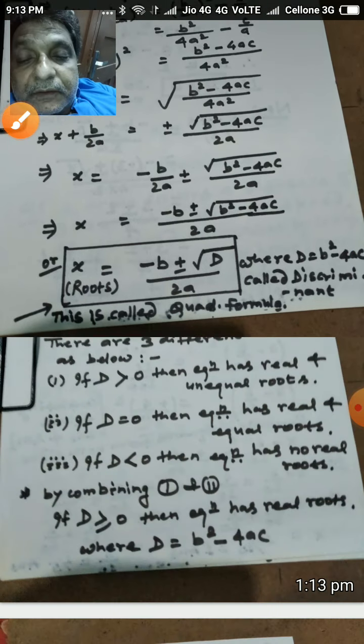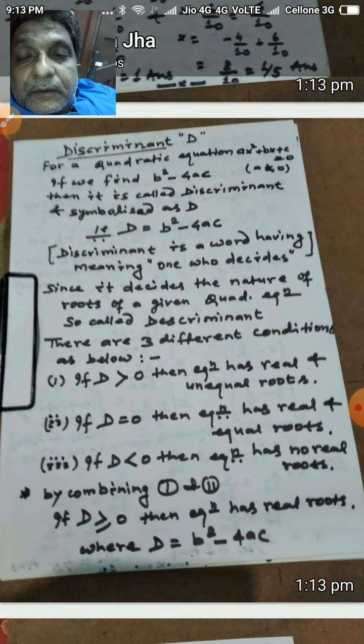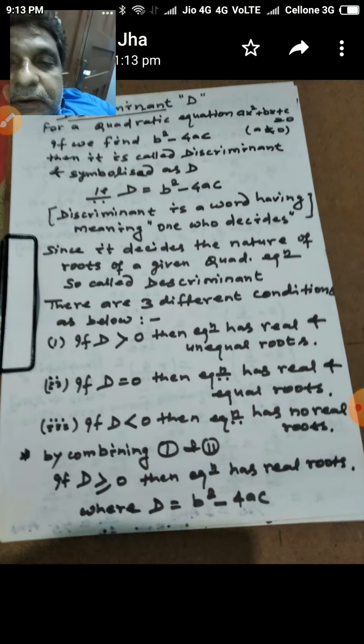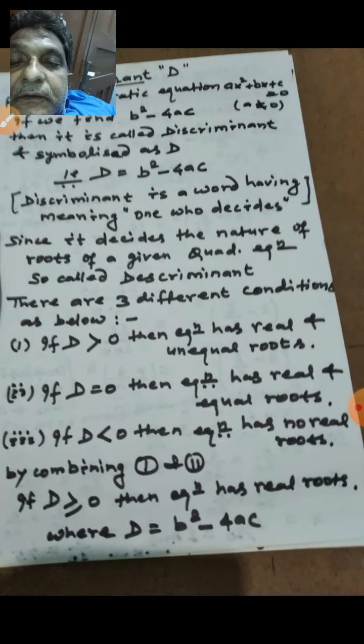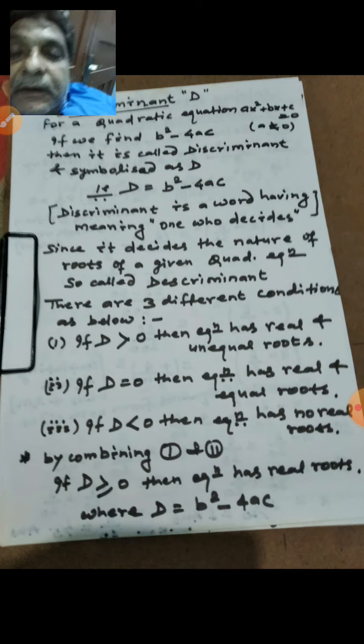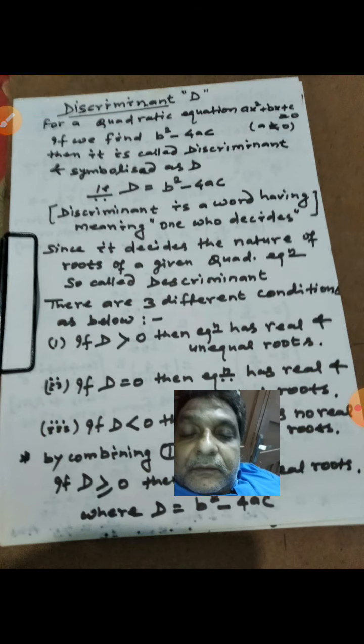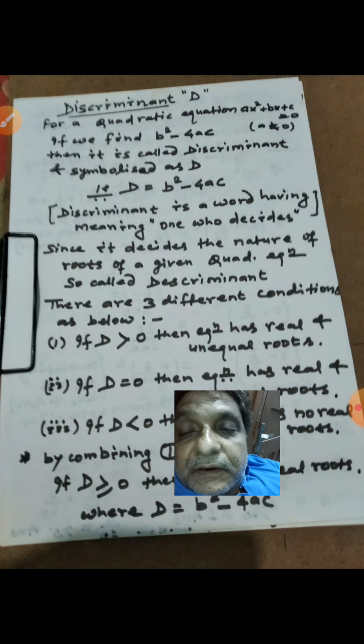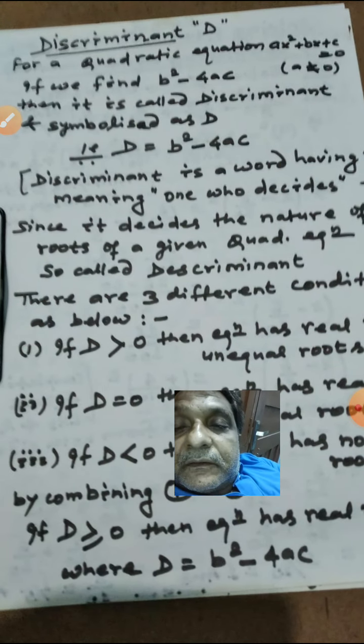So for this we come to this page. Here you see, students, it is clearly mentioned in the heading that we are now discussing discriminant, that is D. So what is written here? Let us see.